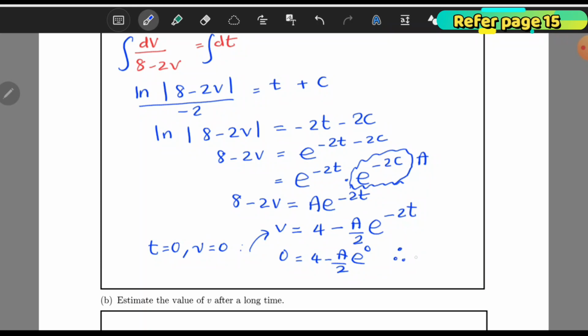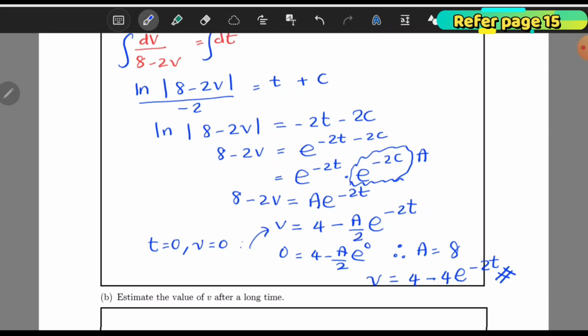Therefore, we will get A equal to 8. And the equation becomes v equal to 4 minus, A is 8, 8 over 2 is 4, 4 e to the negative 2t. So this is the equation for the velocity.